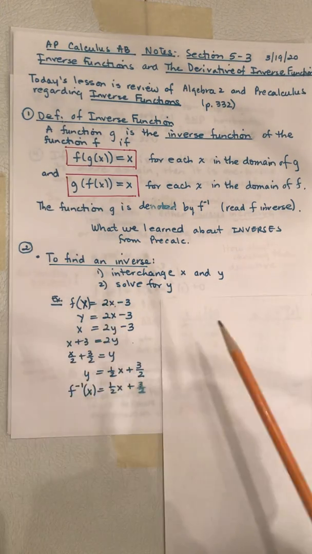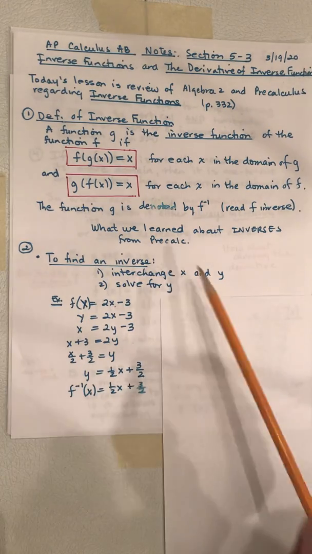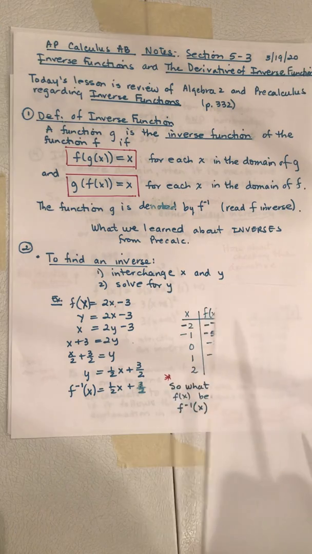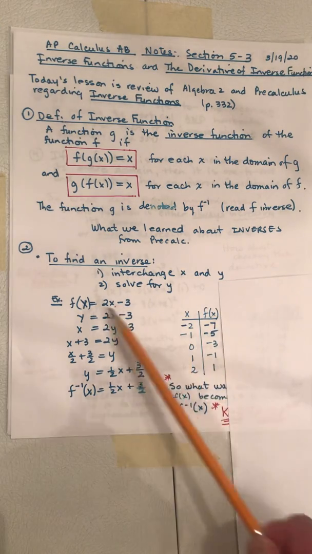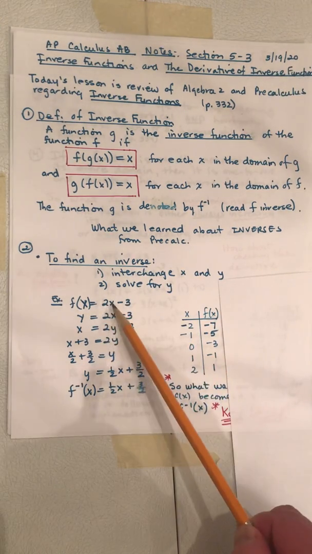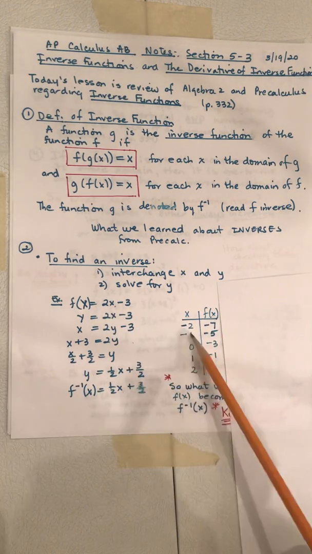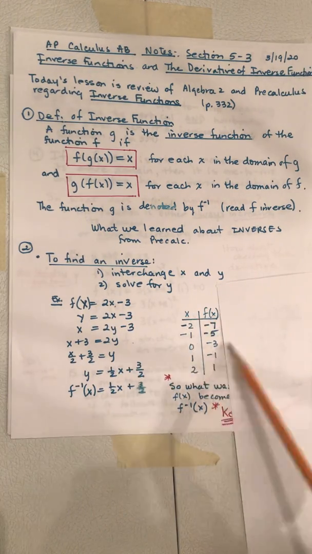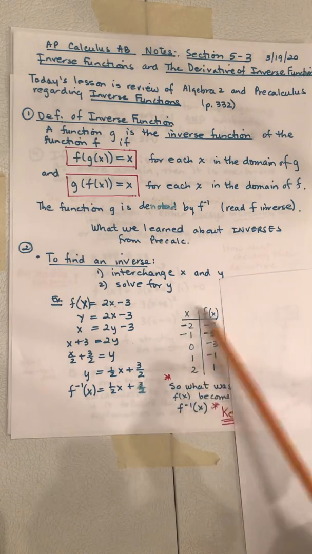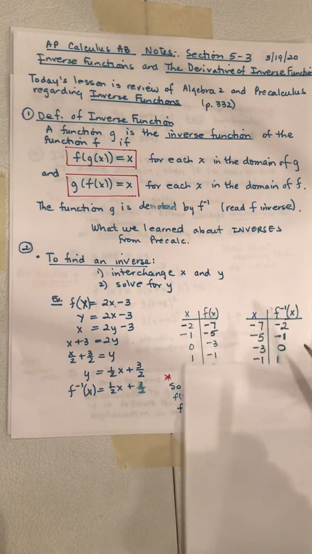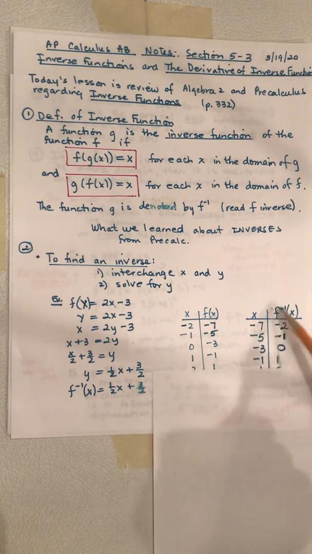Okay, now what does this really mean? If we interchange x and y, what should we see? Let's check it out. If we picked points on the original function, -2, plug -2 in here, we get -7 for our y value. -1, we get -5, etc. There's my little chart. That goes with f of x. What happens if I pick points on the inverse function?